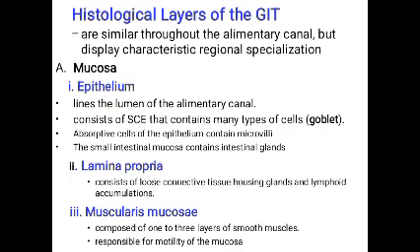Absorptive cells of the epithelium contain microvilli. The small intestinal mucosa contains intestinal glands. Lamina propria consists of loose connective tissue housing glands and lymphoid accumulations. Muscularis mucosae is composed of 1 to 3 layers of smooth muscle responsible for motility of the mucosa.